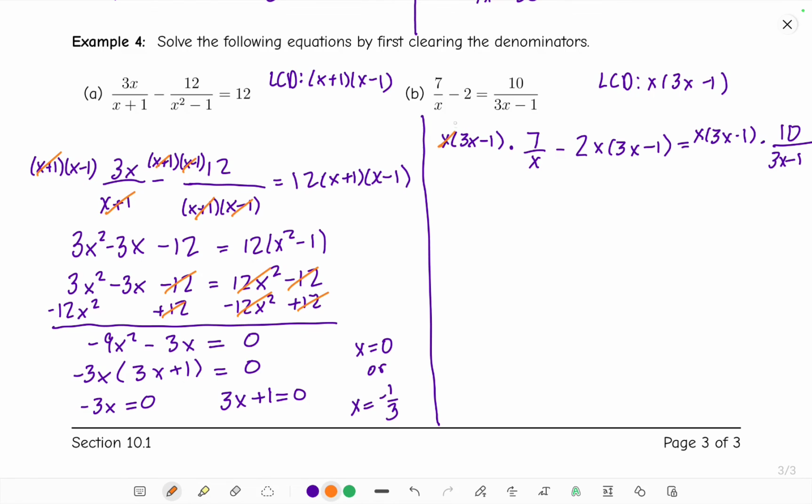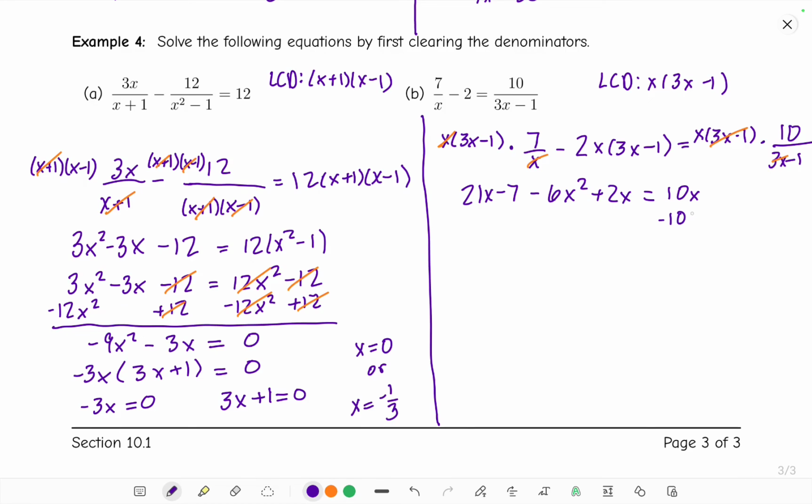Then with the first one, the x cancels out. So we get 21x minus 7. And then nothing cancels out for the second term, so we get negative 6x squared plus 2x. And then the 3x minus 1 cancels out, so we get 10x.